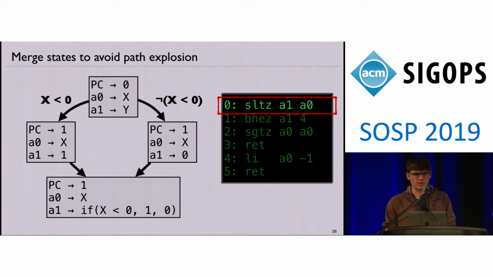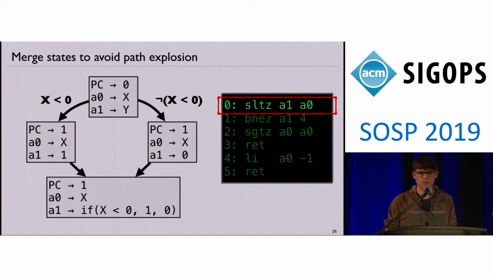Of course, with this program, there are two cases. Either the value in A0 is negative, or it's not. And so Rosette splits execution into two states, one where it sets A1 to 1, and one where it sets A1 to 0. And then it merges the states back together into a single symbolic state that summarizes the execution. And this approach works well for this function because it's kept the total number of states to 1.